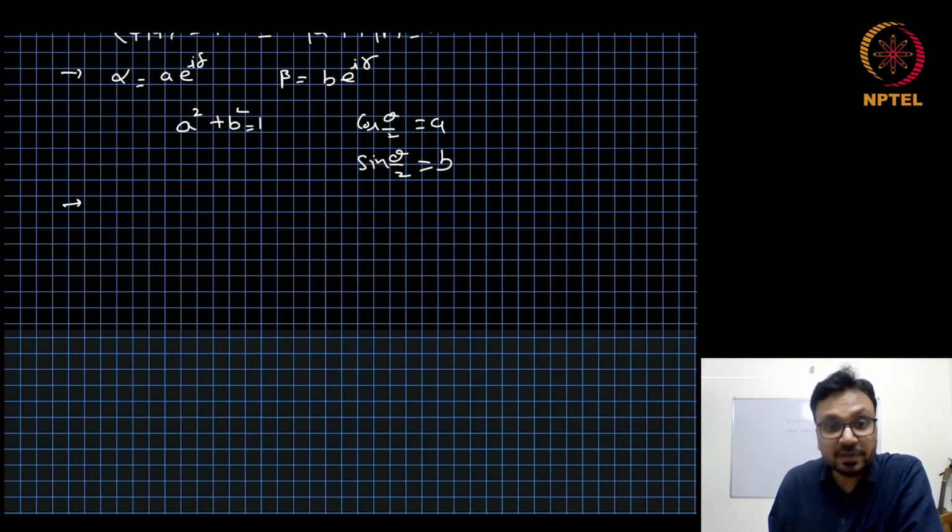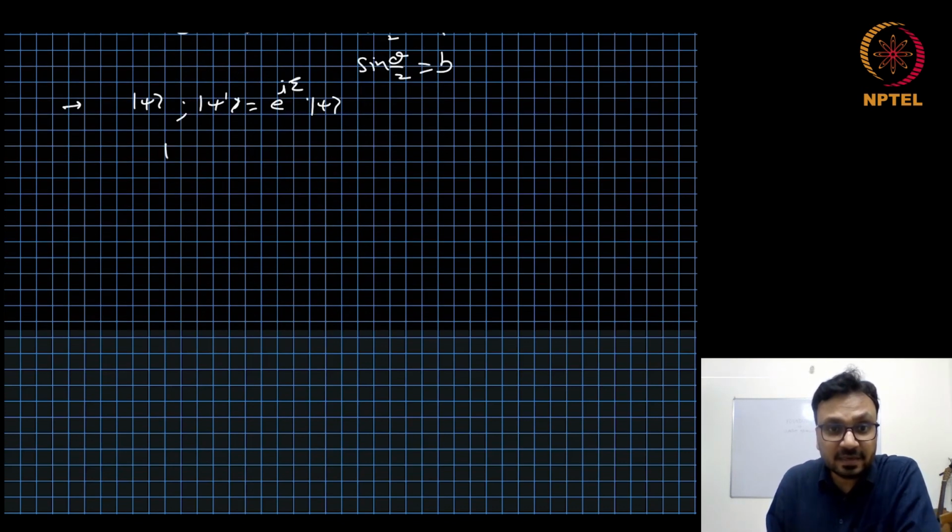Then, because of the ray property of the state psi, a state psi and a state psi prime equals exponential of i zeta times psi represent the same physical state of a quantum system. So first we write a exponential of i delta, b exponential of i gamma.